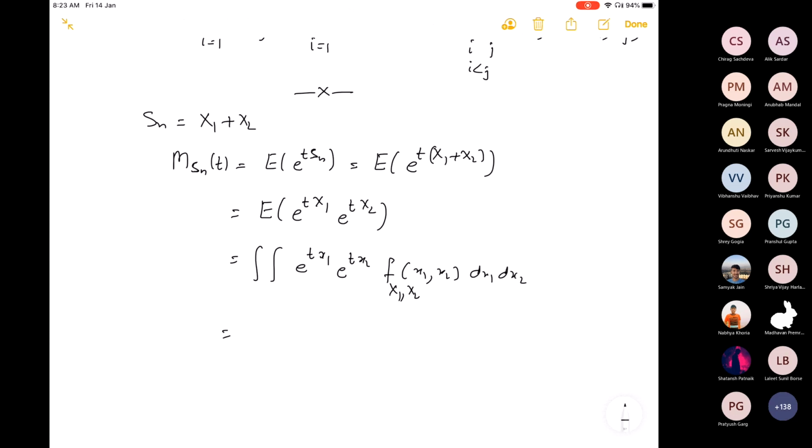Excuse me, sir. Yes. Initially we took that x1, x2, ..., xn are independent, no? So we can take directly the expectation of e power t x1 times e power t x2 equal to the expectation of e power t x1 into the expectation of e power t x2.